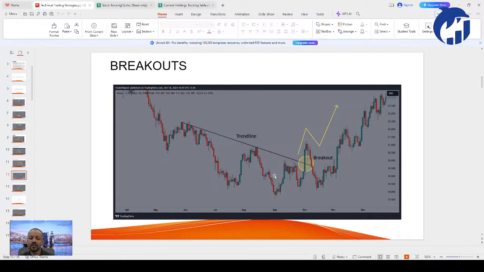A downward trend line. But the moment when price broke the trend line and closed beyond, that is the time when the sentiment has shifted from bearish to bullish, right? So there has been a shift of sentiment from bearishness to bullishness, and that is what we call a breakout.